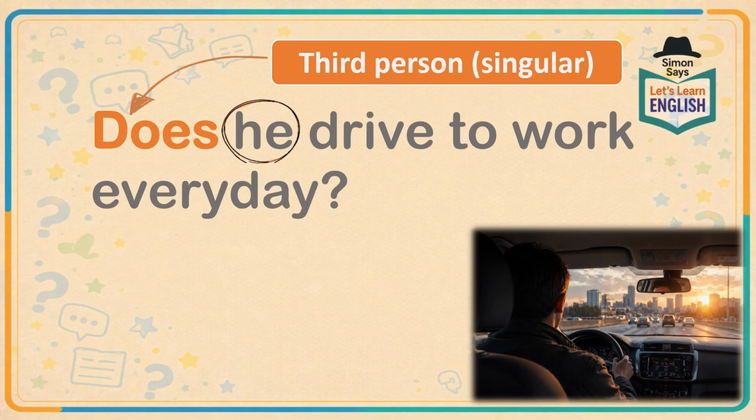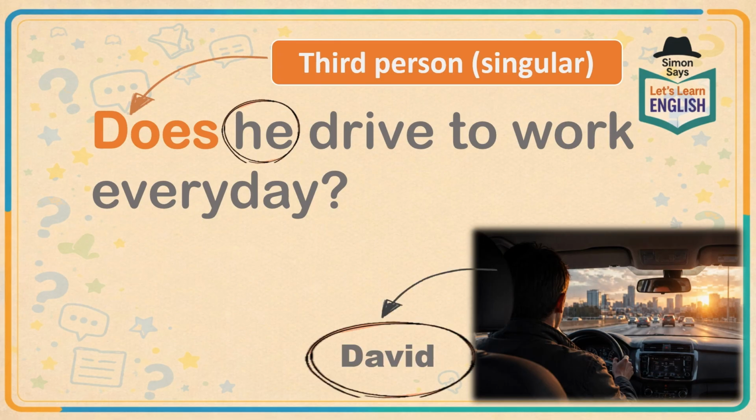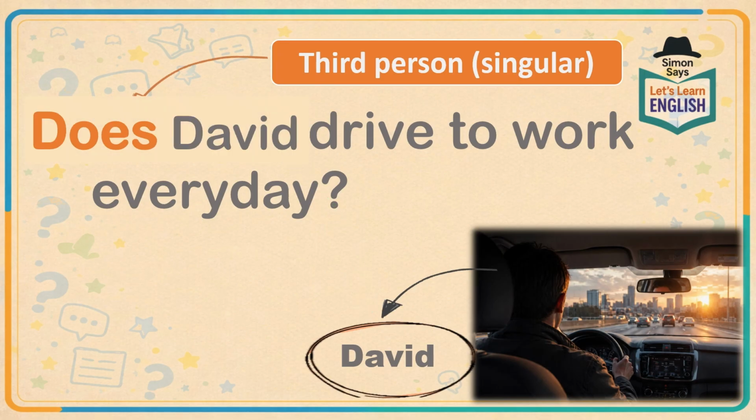Okay, now this driver's name is David, and the subject pronoun he is used for David. Now, because he and David are both in the third person singular, we can change our question to become, does David drive to work every day?